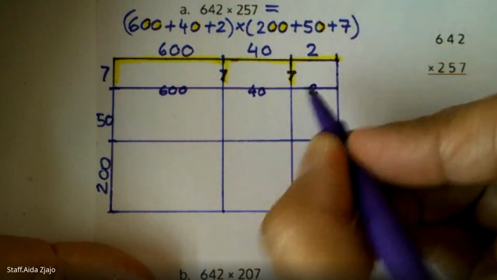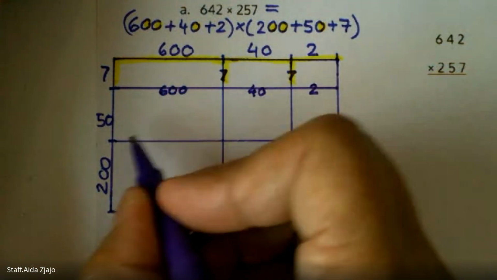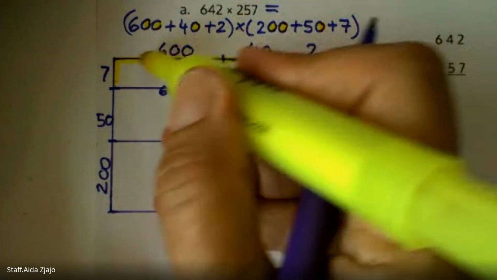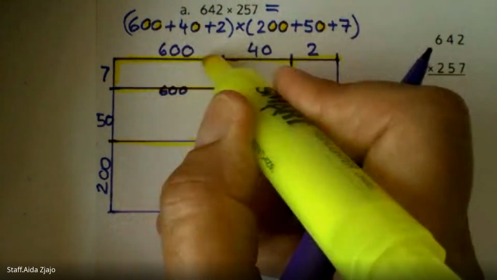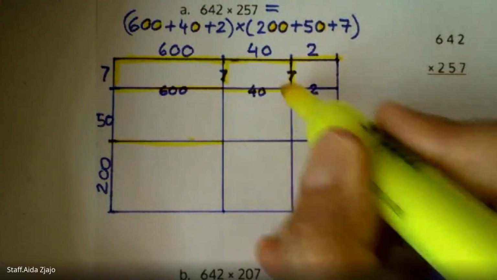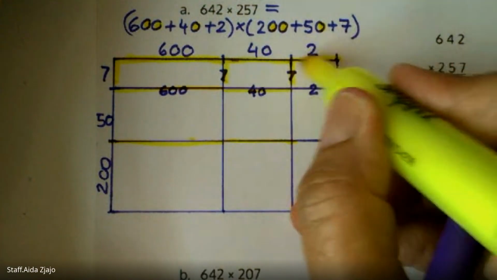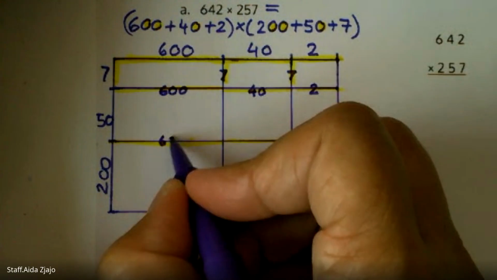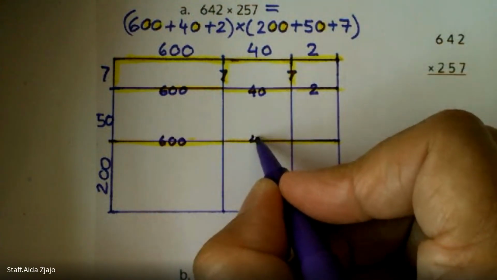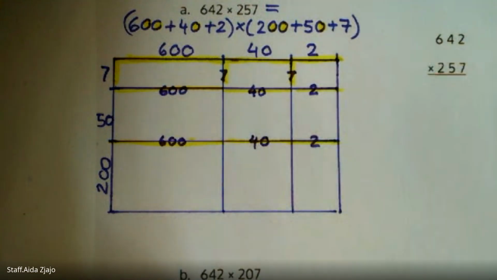This is 2. Okay, so now this one is 600 also. So this is 600, also this and this. So that's the value. This is 40, this is 40, this is 40. This is 2, this is 2, this is 2. I like to put these little guys so I don't get confused.